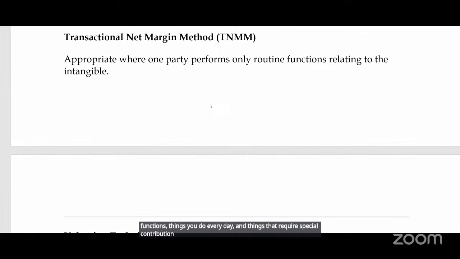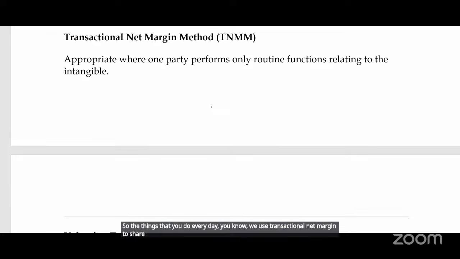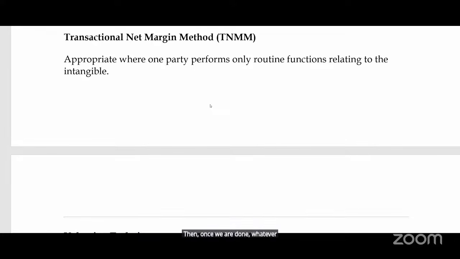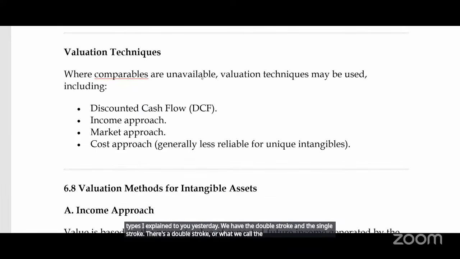For the things that you do every day, we use the transactional net margin to share the profits. Then once we are done, whatever unique contribution into the intangibles, we use profit split to share it. Do you understand? So profit split, we have two types, which I explained to you yesterday: the double stroke and the single stroke. The double stroke is what we call the residual analysis or residual profit split.